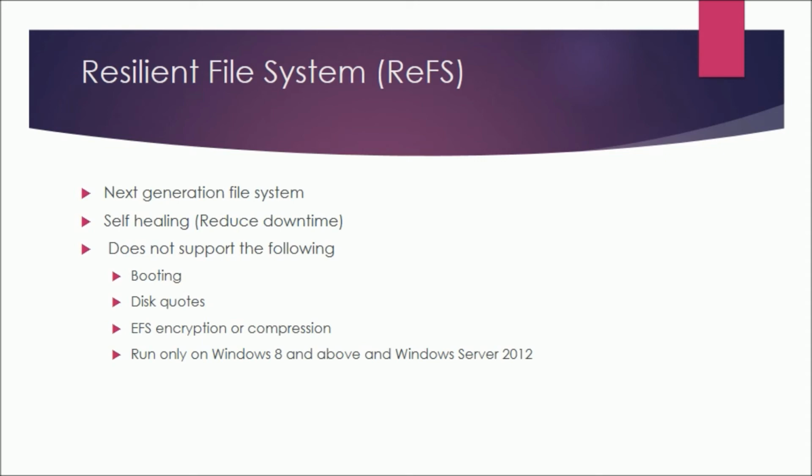The new approach allows ReFS to be self-healing. Self-healing means that if problems are encountered on the hard disk, they can often be fixed without having to unmount the drive. ReFS reduces downtime by reducing the number of reboots required to fix a hard disk problem.